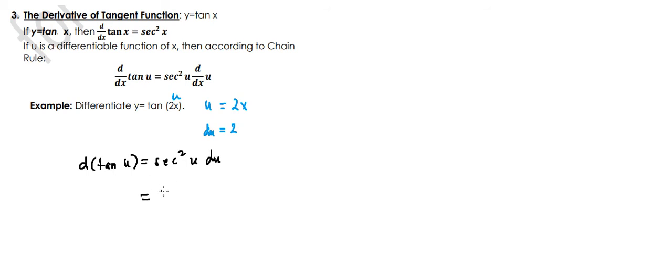Alright, so let's just copy it. Our u is 2x and our du is 2. So the answer would be 2 secant squared 2x. Okay, so this is our answer.